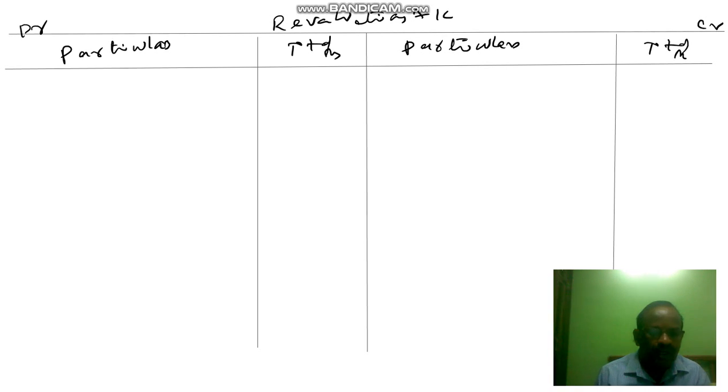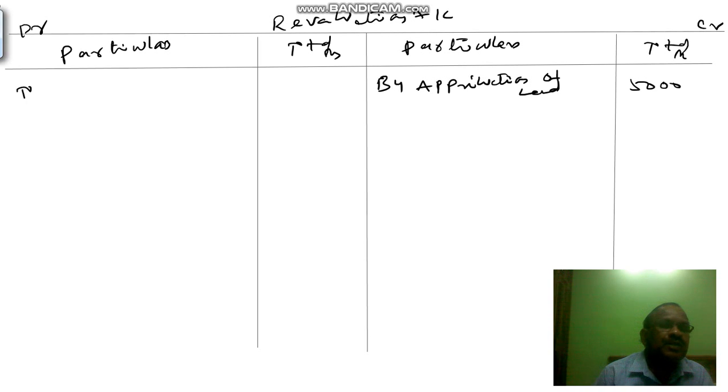Here the appreciation: land value is appreciated from 15,000 to 20,000. That's why it will come into the credit side. Appreciation of land is 5,000.